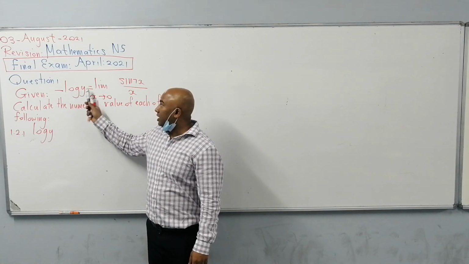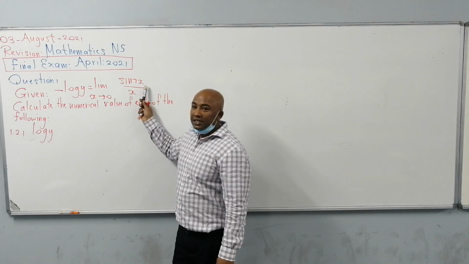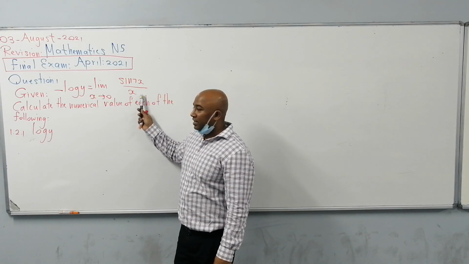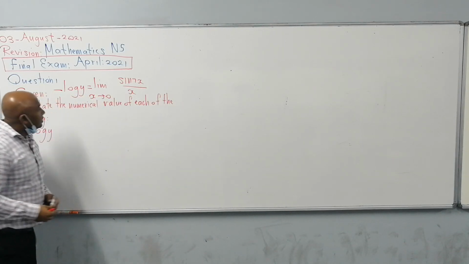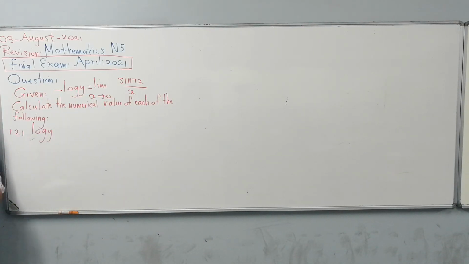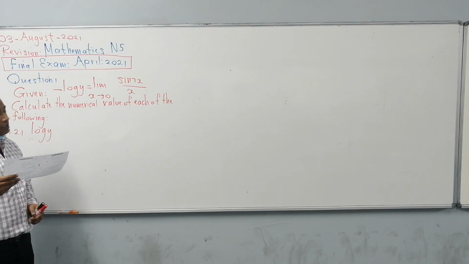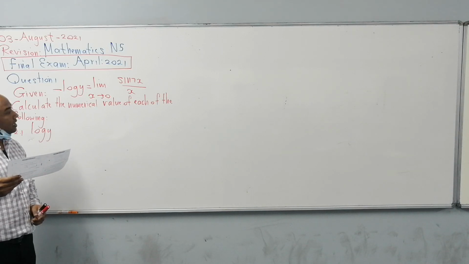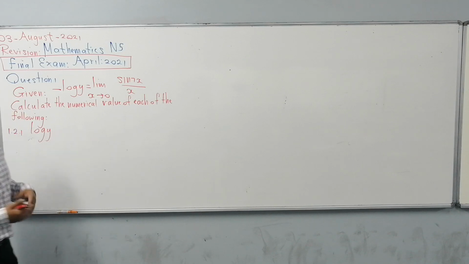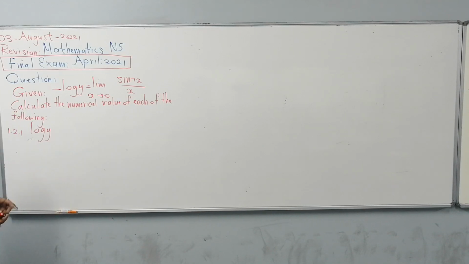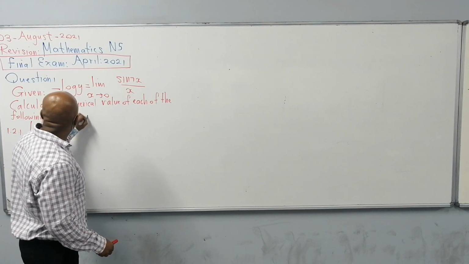So minus log y is equal to the limit as x approaches 0, sine of 7x all divided by x. Determine log y. Let me just make sure everything is correct. So step number 1 is let's substitute. Alright, so this is the question. Let's answer it now. So 1.2.1.